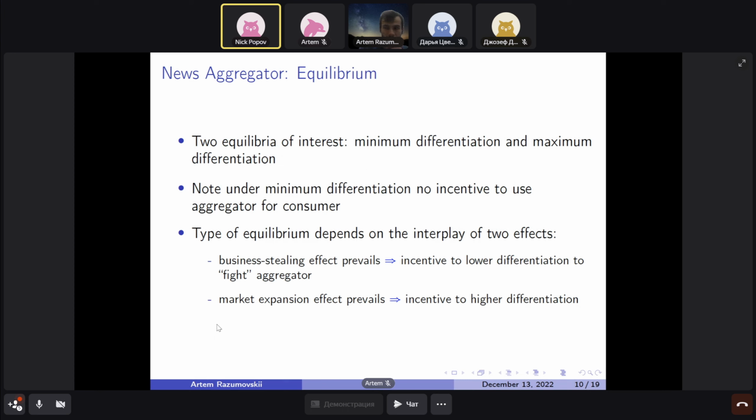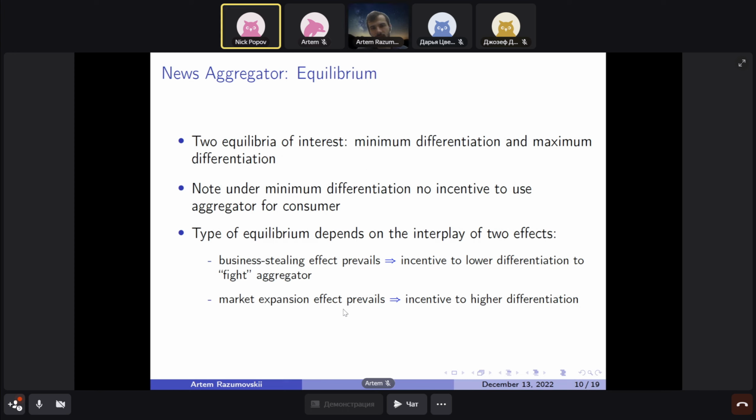If the agency figures out that the business stealing effect will prevail, it will try to fight the aggregator by choosing the same topics for high quality as another agency.